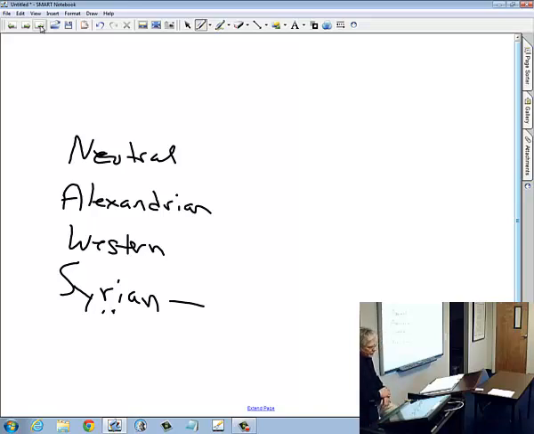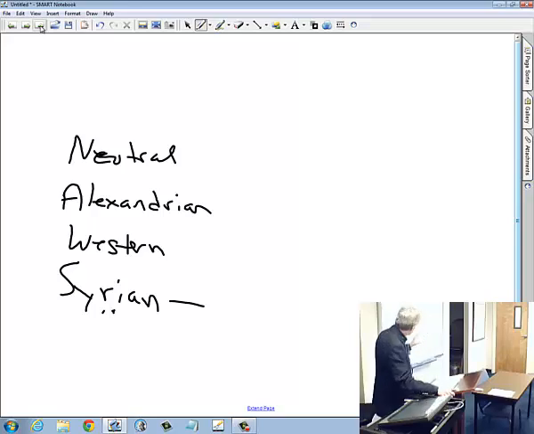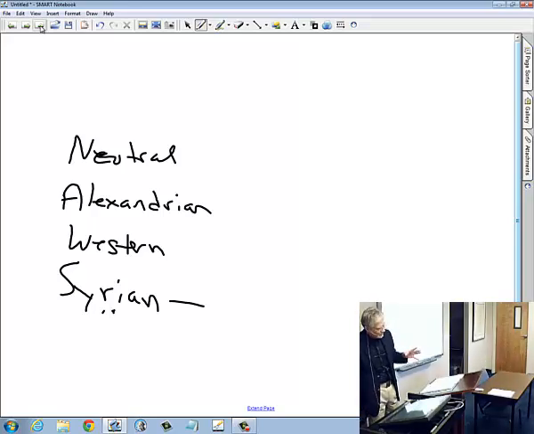Westcott and Hort argued that the Syrian text was inferior, identifying it as an officially produced revision by Lucian. You know Lucian. Have you heard of Lucian? Sure. Scholar in Antioch, school in Antioch. They identified the Syrian text as an official revision by Lucian somewhere between 312 and 350.